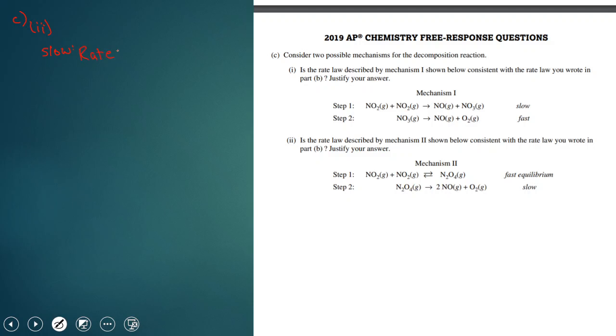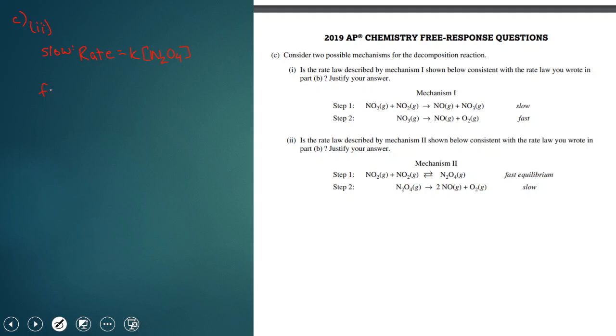Our rate is equal to K times the concentration of N2O4. Now keep in mind, however, that N2O4 is an intermediate and it cannot appear in the expression of the overall reaction.